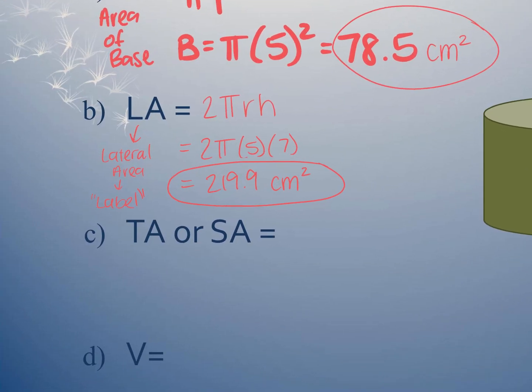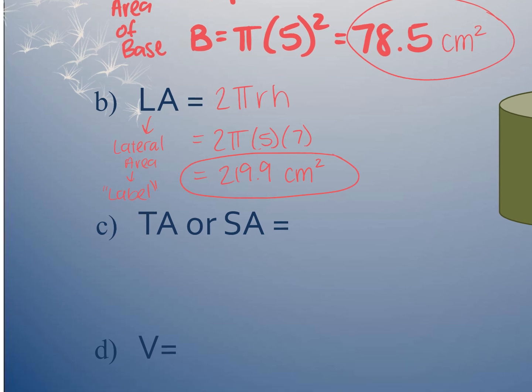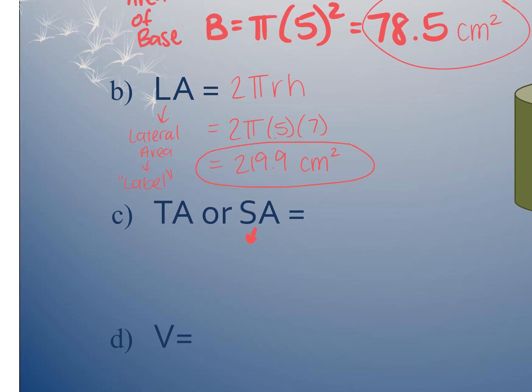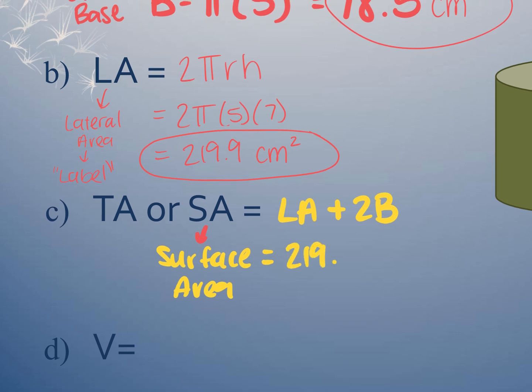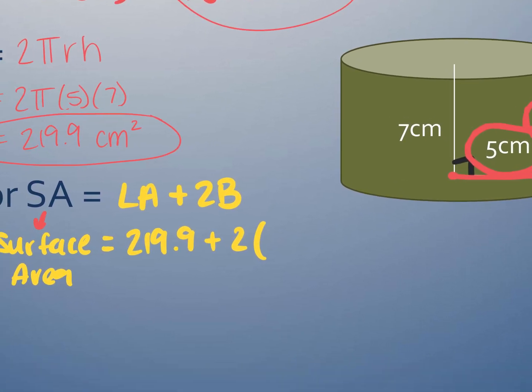Now it's asking us for TA, which stands for total area, or you'll see it a lot as surface area. Let's label that. This is going to be surface area. Surface area is your lateral area, what we found for the second part, plus how many bases do I have? 2 of them. So this is where we multiply that base value by 2. So my surface area, what was my LA value? 219.9 plus 2 times, what was my base value? 78.5.